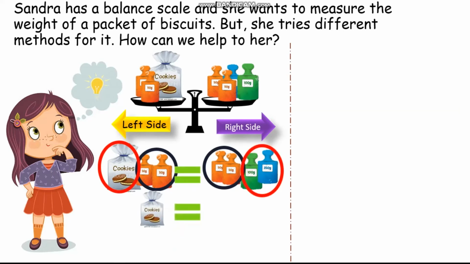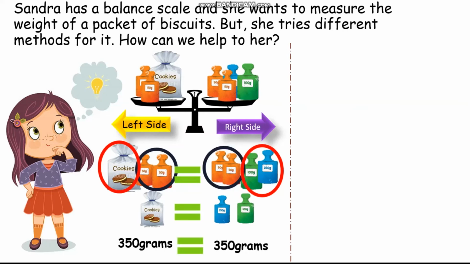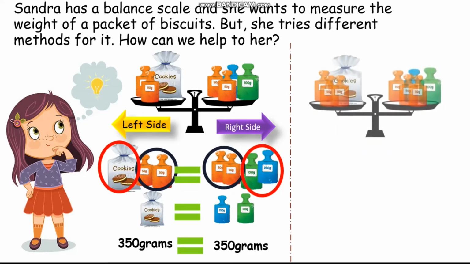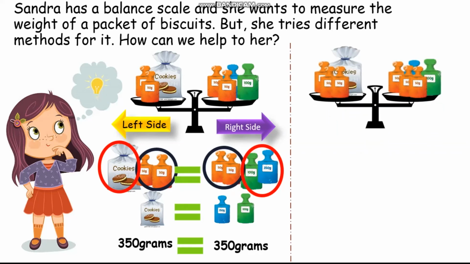So if we write that the cookies on the left side equal the weights on the right side, which are equal to 350 grams. So it's like writing in a mathematical way, 350 grams equals 350 grams.